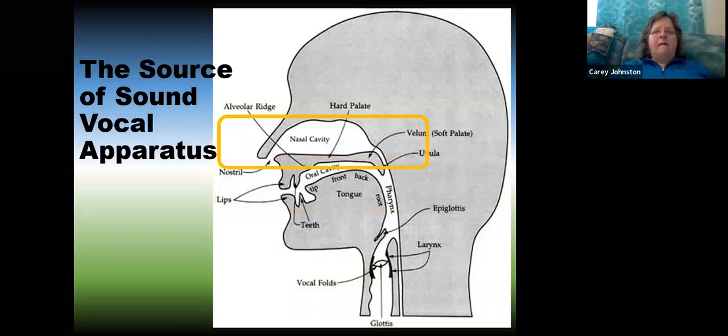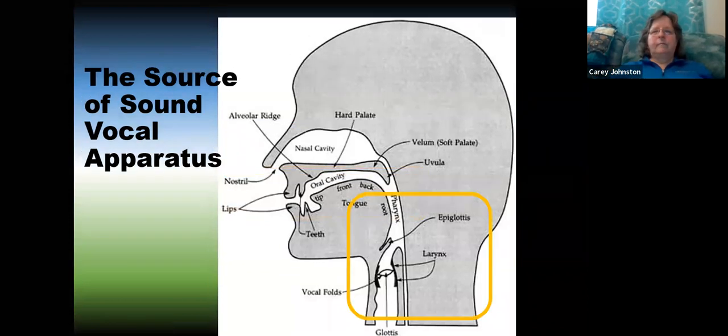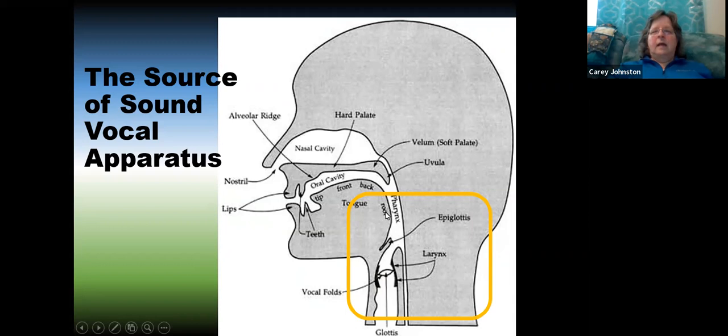And we also have the nasal cavity, the alveolar ridge, the hard palate, the soft palate, and the uvula, in the very back of the throat there. Then we also have the epiglottis, the larynx, the vocal folds, and the pharynx here.